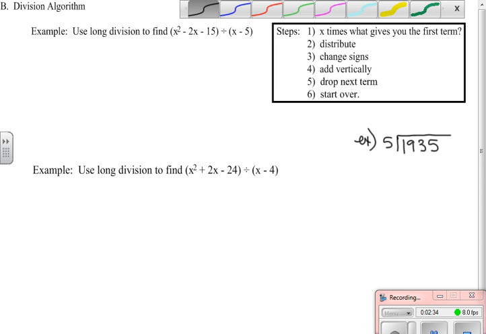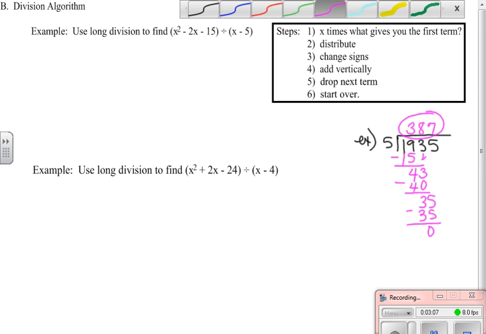Well, we would say 5 goes into 15 3 times. 3 times 5 is 15. Subtract. 19 minus 15 is 4. Bring down the 3. 5 goes into 43 8 times. 8 times 5 is 40. 35. 5 goes into 35 7 times. Remainder 0. And that's our answer.